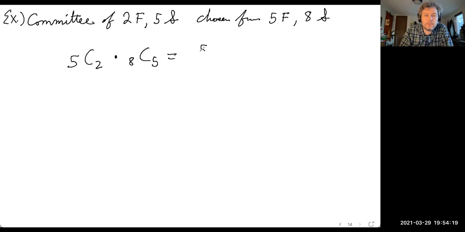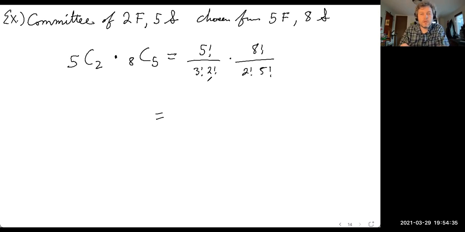So 5 choose 2 is going to be 5 factorial over 5 minus 2, which is 3 factorial, and then 2 factorial. Then 8 factorial over 8 minus 5, which is 3 factorial, and 5 factorial. So we're getting close. If you want, because these are being multiplied, you could even cancel the 5 factorials this way, but I worry that we might have problems, so I don't usually do that.